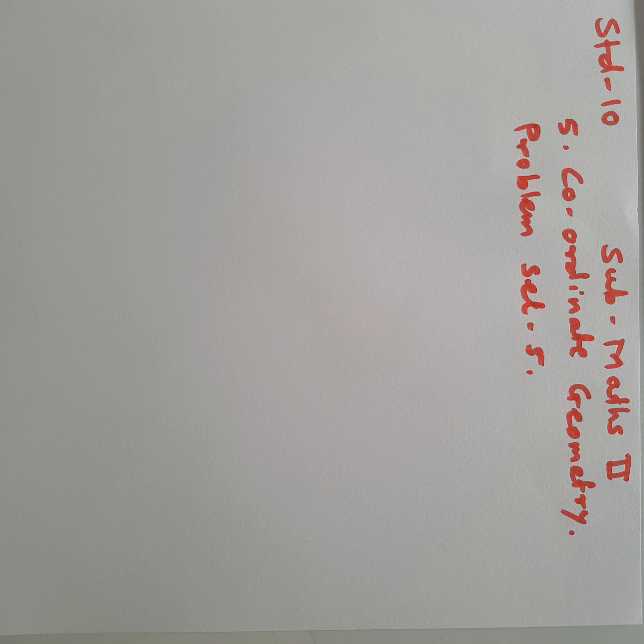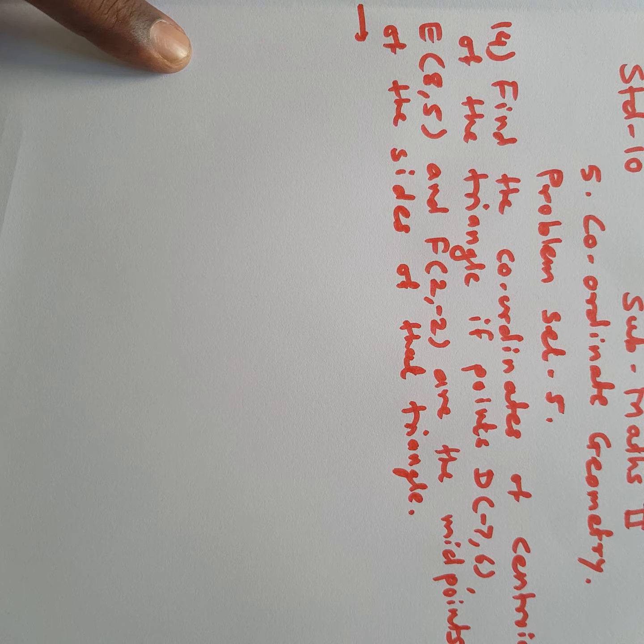Example number 14 is to find coordinates of centroid, but in that example the vertices of the triangle are not given and the midpoints of the sides of the triangle are given.